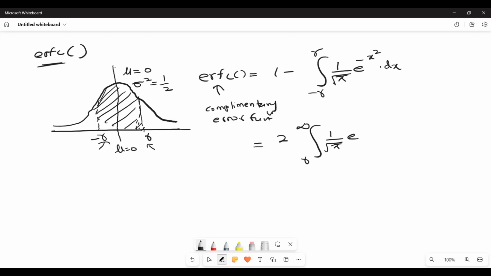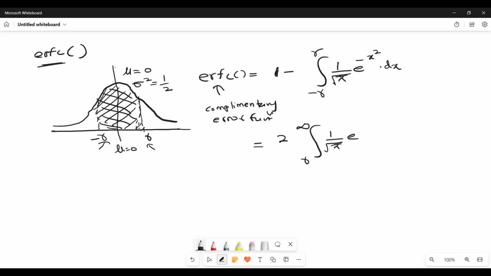If I take the subtraction from 1 and subtract the tail areas, then I get the remaining area, this shaded region. Sorry, I think I have to explain this concept to you again.